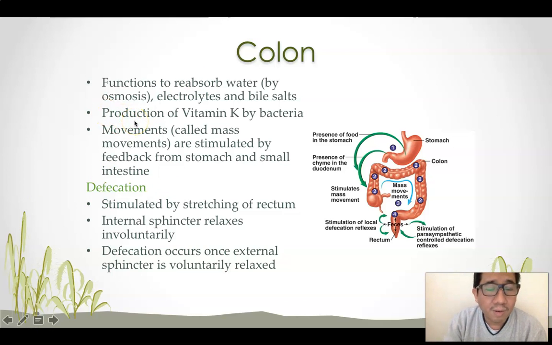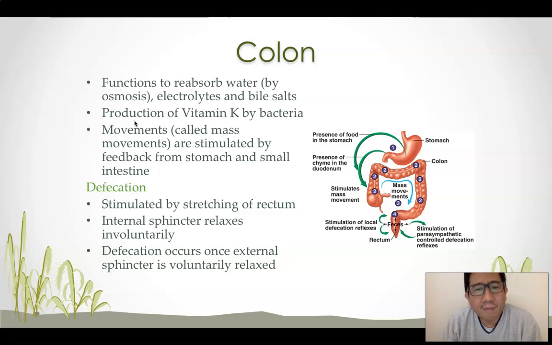Your colon also has literally tens of thousands, hundreds of thousands of good bacteria. You need good bacteria in there. The better colon health you have, the more bacteria you have, the healthier you will be.